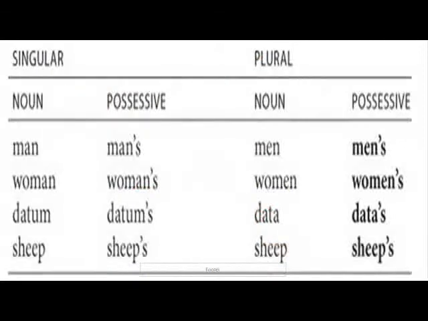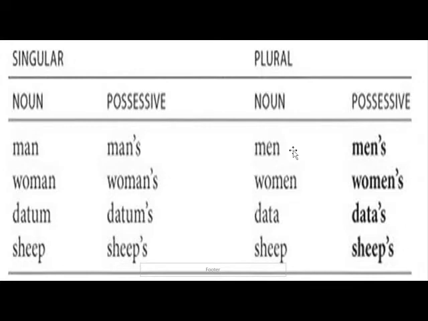Let's move to another rule. What should we do if we have a plural noun but it doesn't end with S? As we said, like men, women, data, and sheep. See here, men is a plural but it doesn't end with S. So how can I use the apostrophe and S?